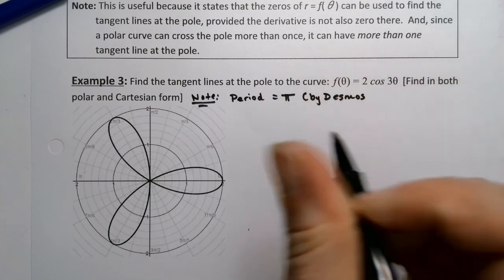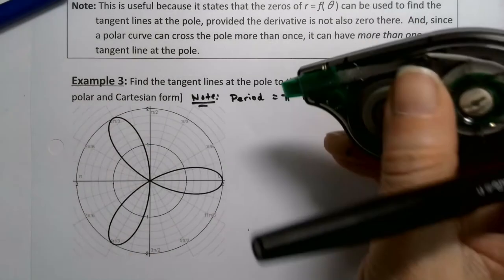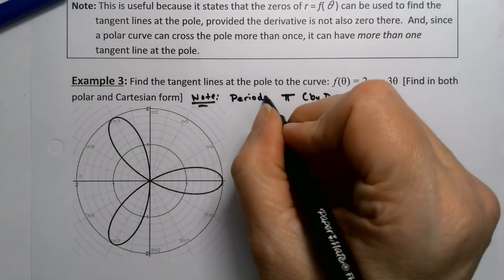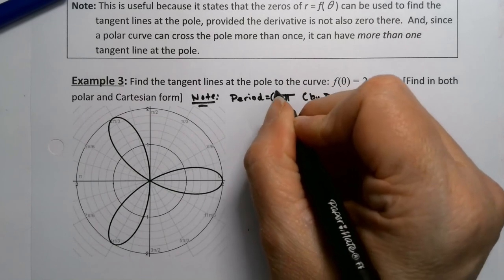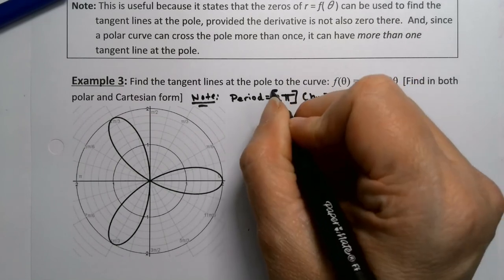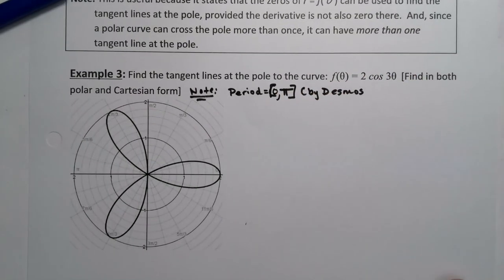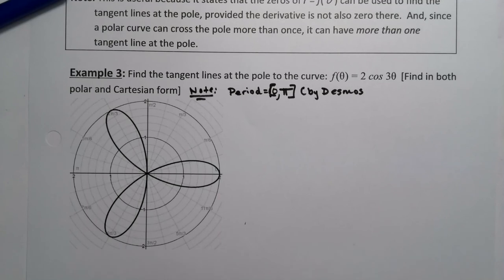Oh, I should make it an interval. Technically, it's 0, comma pi, and with brackets. Okay, so now let's look at f of theta. F of theta is equal to 2 cosine of 3 theta.